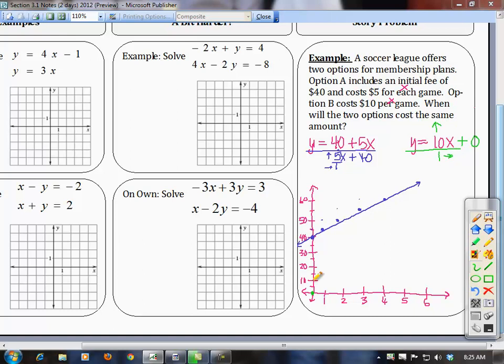So up 10 over 1, up to 20 over 2, up to 30 over 3, up to 40 over 4, up to 50 over 5, up to 60 over 6. I would go up to 70 over 7. Guess we're going to have to go a little farther, huh? Up to 80 would be 8.